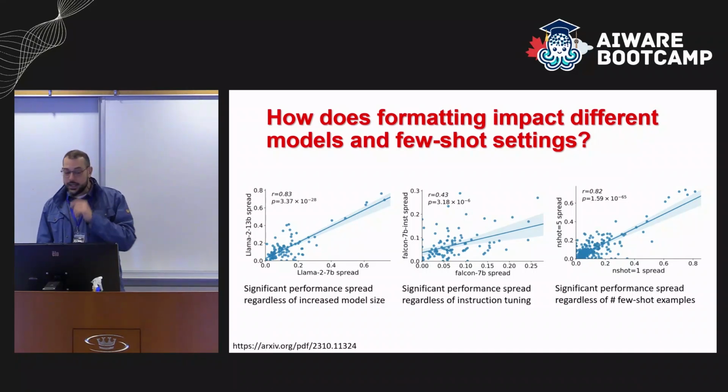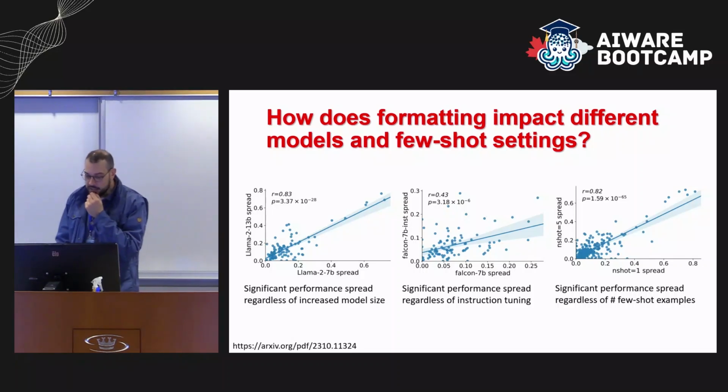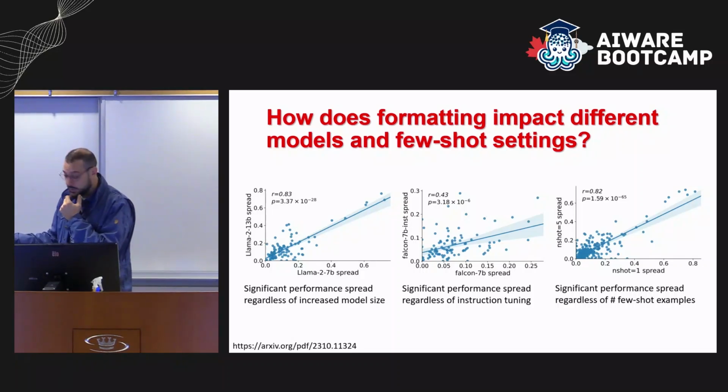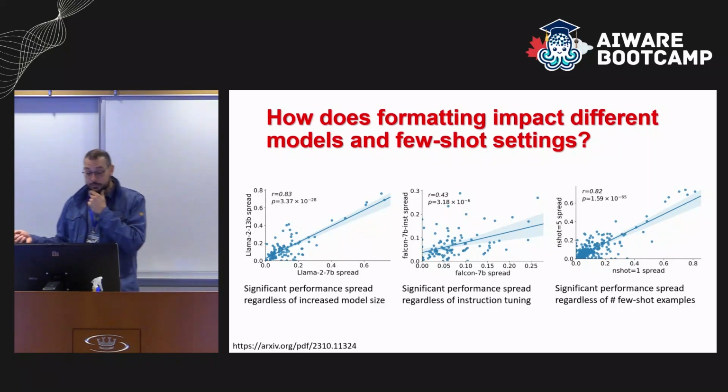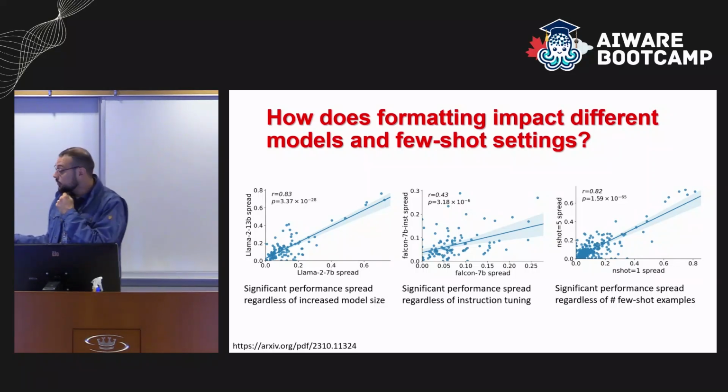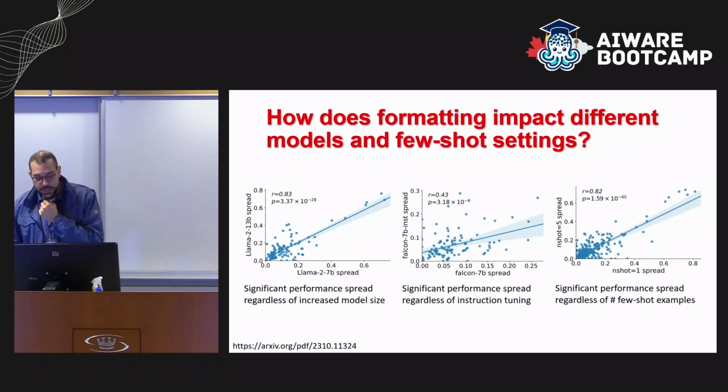And there are also variations between the size of the models in terms of performance spread. Here, I'm also showing the significant performance spread regardless of instruction tuning, because this is Falcon 7B with instruction tuning, and this is without. There is even more variation.